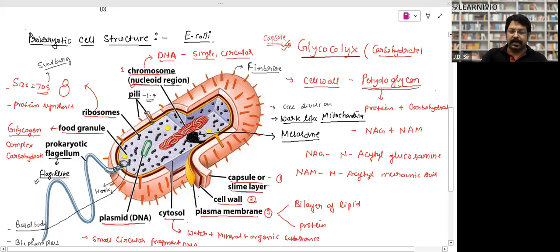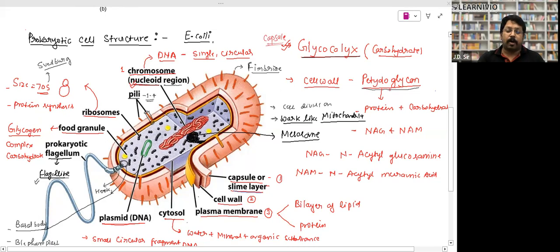Then there is a second layer that is called cell wall. The cell wall of bacteria is made up of peptidoglycan, meaning protein plus carbohydrate, right? There are two kinds of amino acids found, NAG and NAM, right? Try to understand me, NAG and NAM both have been asked. The cell wall of bacteria is not made up of cellulose like the plant.